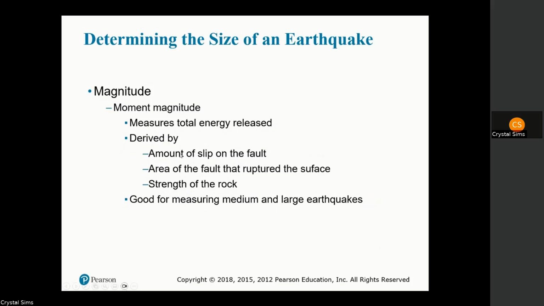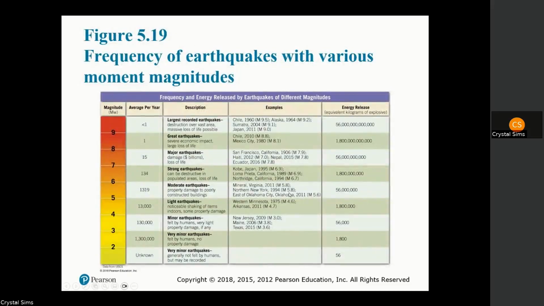And this is looking at the amount of slip that occurs on the fault, the area of the fault that ruptured, and then what is the strength of the rock where the earthquake is occurring.